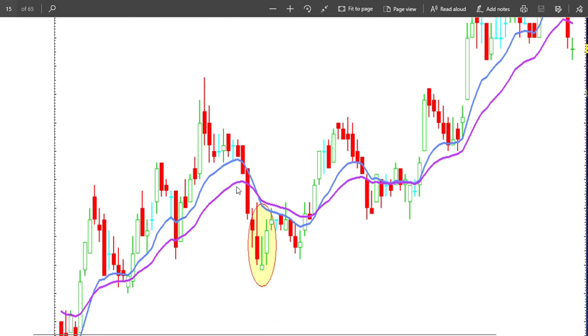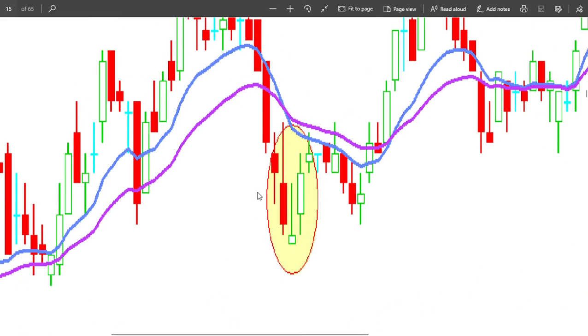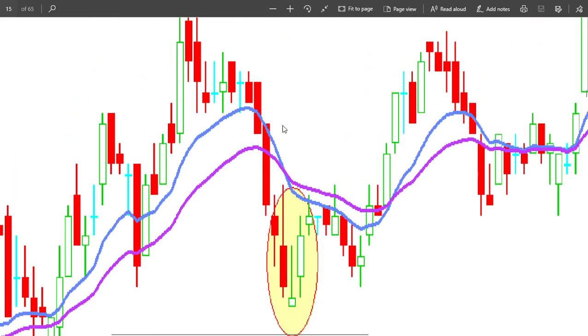So if you zoom into this, you can see the inverted hammer here. Here is an ideal downtrend. It got down here. You can see that price pushed, but there is still a body left. So this shows that there is still buying pressure in the market after this massive fall.